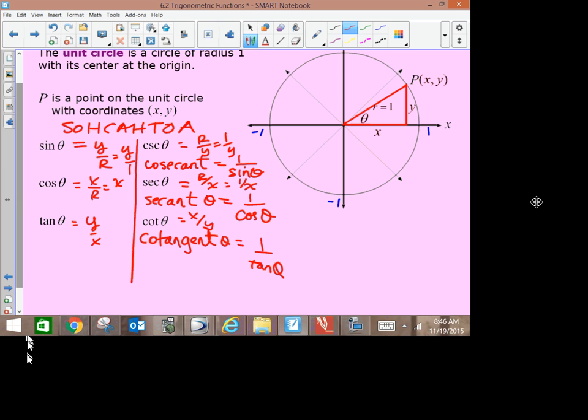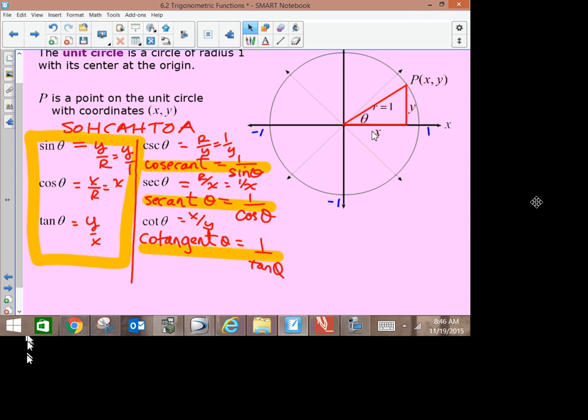Now, here's what you're going to remember. You might think, oh my gosh, how am I going to remember all these? Remember that these are reciprocals. I'm just going to look at this number and flip it around, look at this number and flip it around. I'm probably not going to remember this one because it's kind of random. So, these 6 functions, try to remember them.